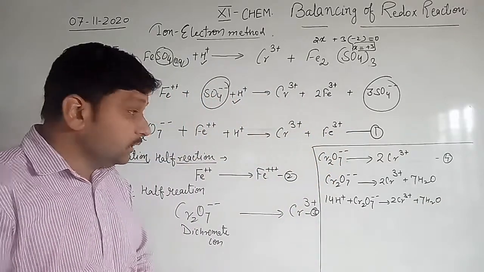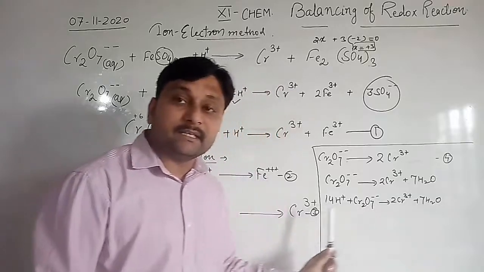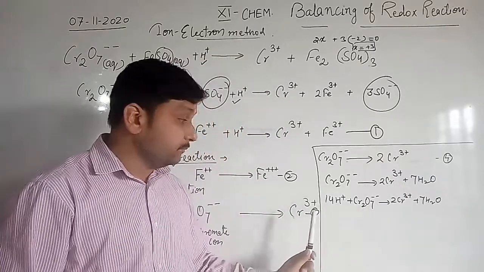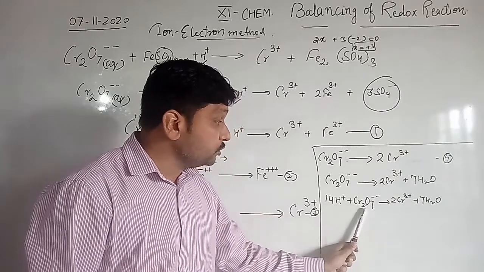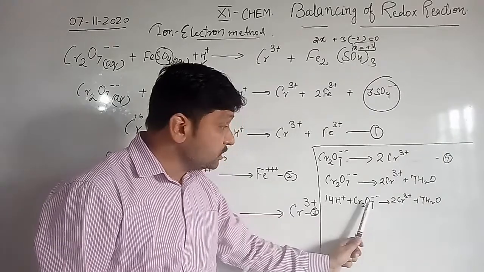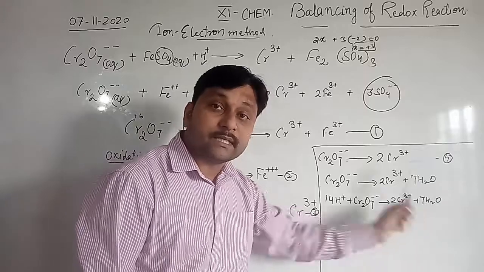Now you can check both sides, all the atoms are the same: 14 H on this side and 14 H on that side, chromium 2 and chromium 2, oxygen 7 and oxygen 7.